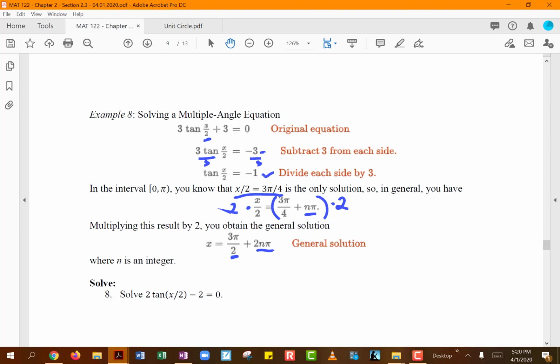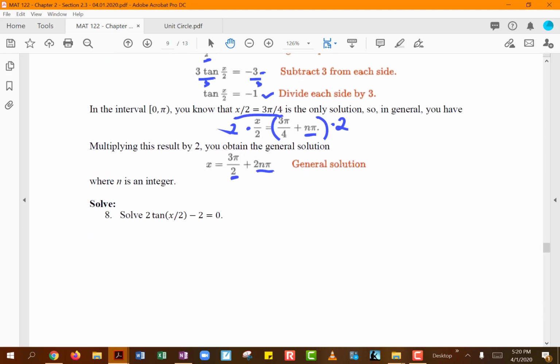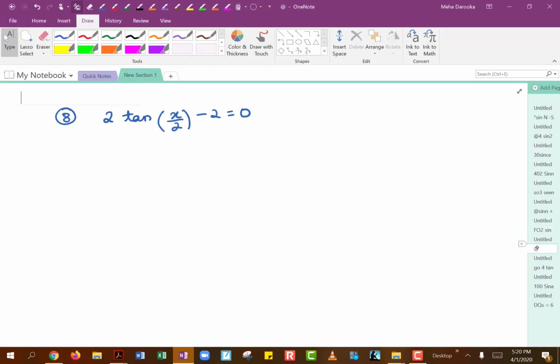So as you can imagine, we're going to have a similar experience with our problem number 8 here. We are given 2 times tangent of x over 2 minus 2. So let's go ahead and take a look at how we can solve this. Isolate the tangent function first. Add 2 to both sides. This will cancel out.